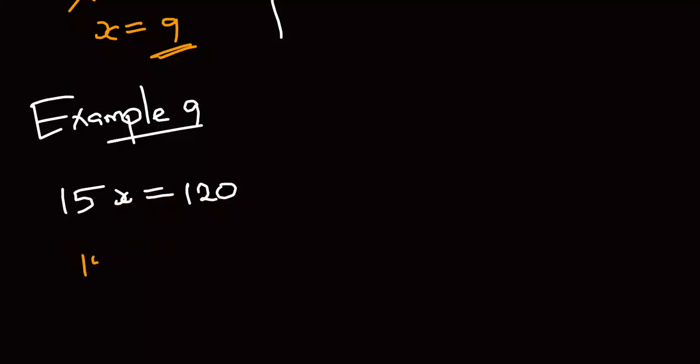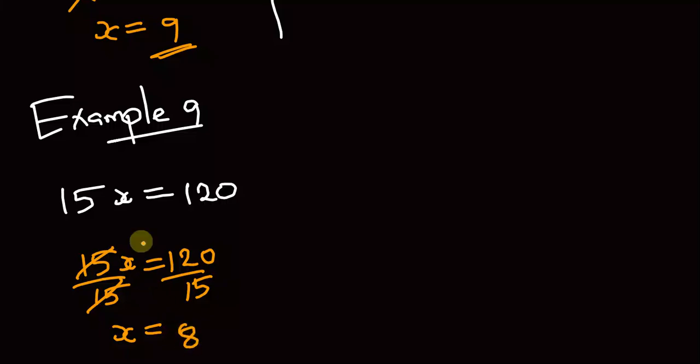Let me rewrite the equation. To get x, we divide both sides by 15, such that when we simplify, we are going to get our value of x as 8. So 8 is our answer.